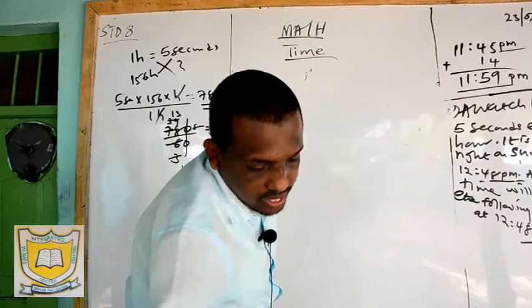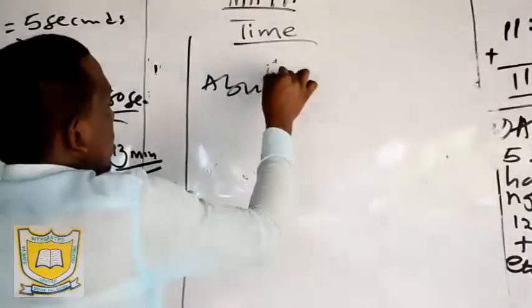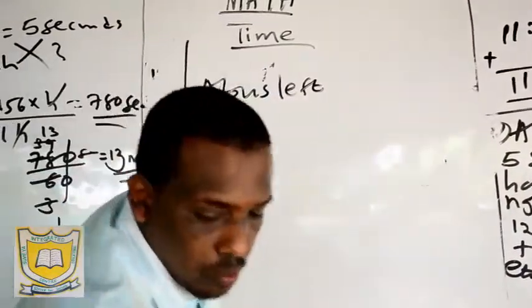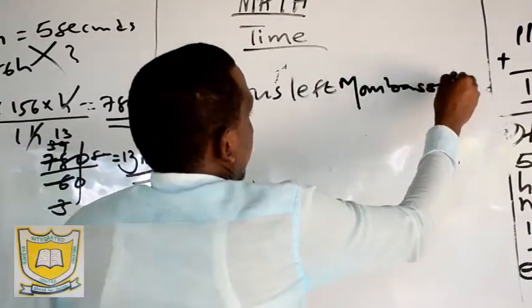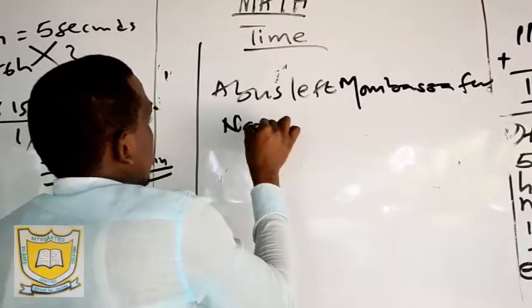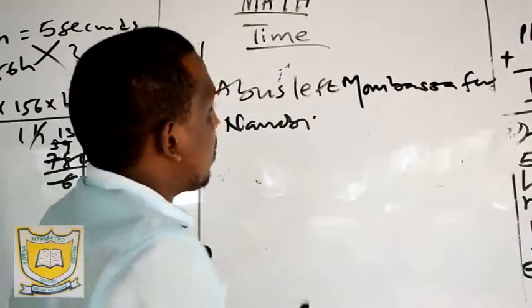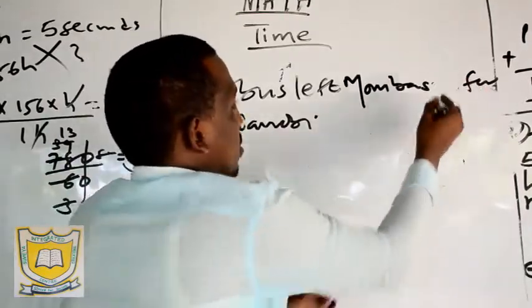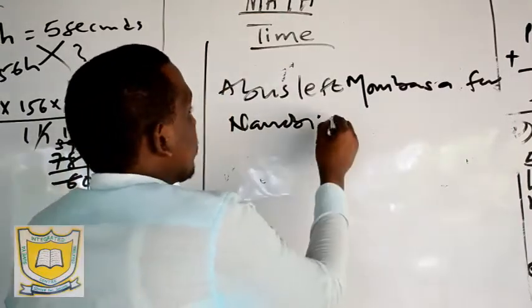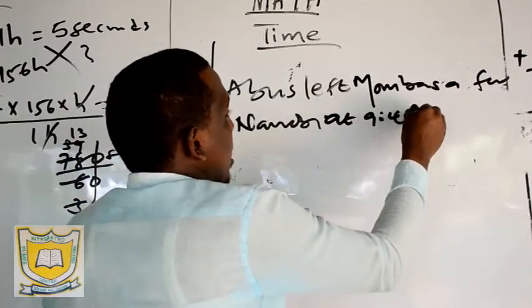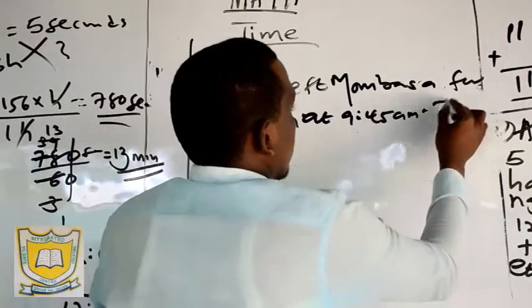Here you are told a bus left Mombasa for Nairobi at 9:45 a.m. Then the journey took 7 hours 55 minutes.